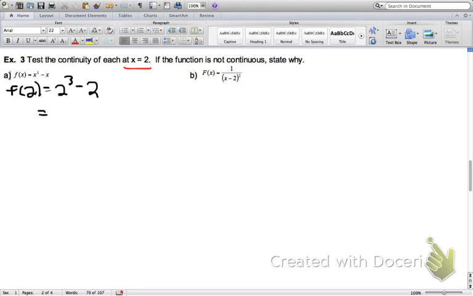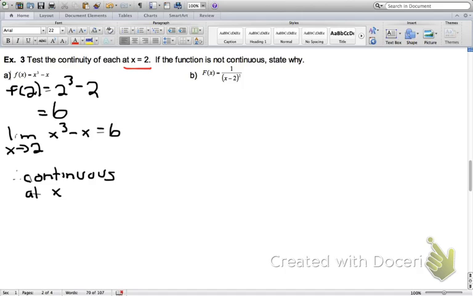We know that 2 cubed is 8, 8 minus 2 will be 6. So therefore, the limit as x approaches 2 of x cubed minus x is going to be equal to 6. So therefore, this is a continuous function at x equals 2.